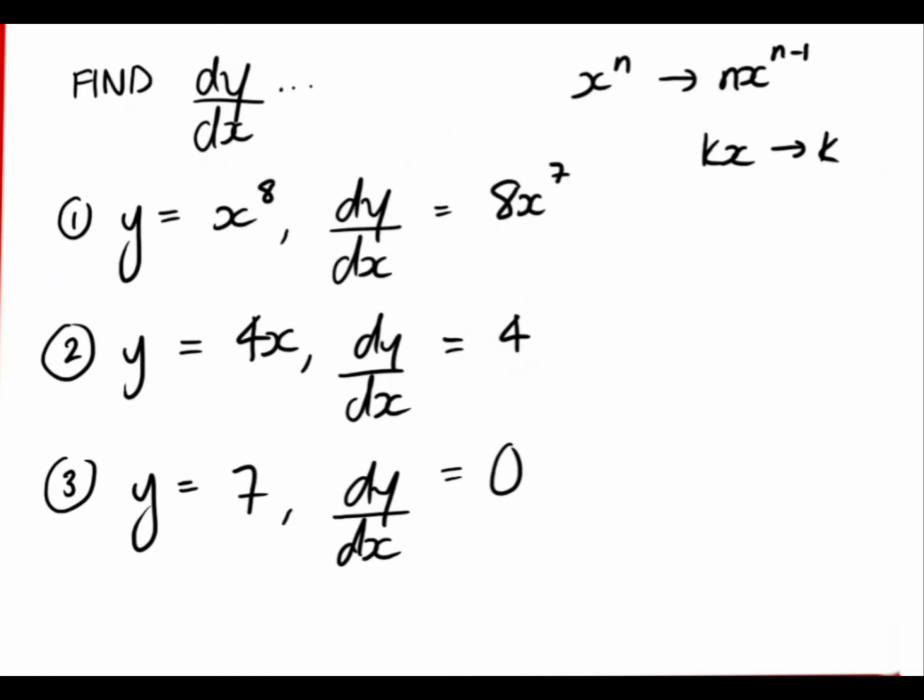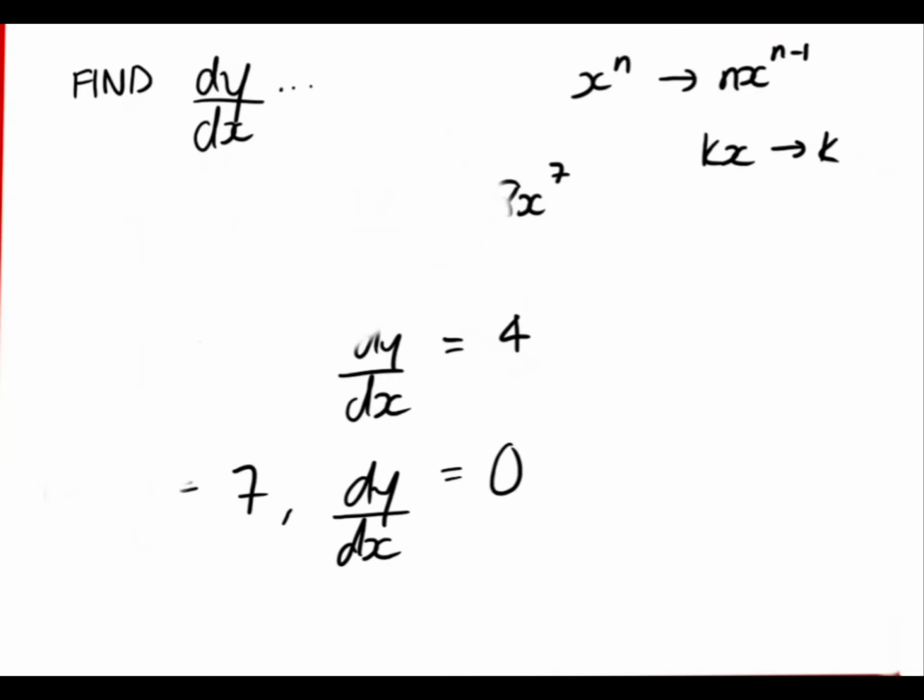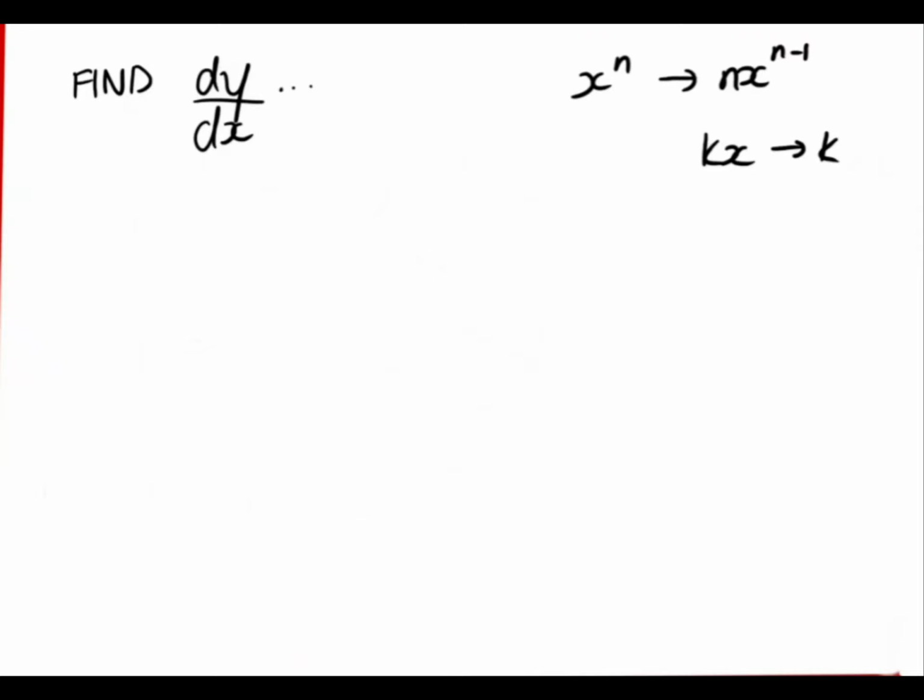Okay, let's try some more questions. So y equals 2x squared. To differentiate it, we get 4x.